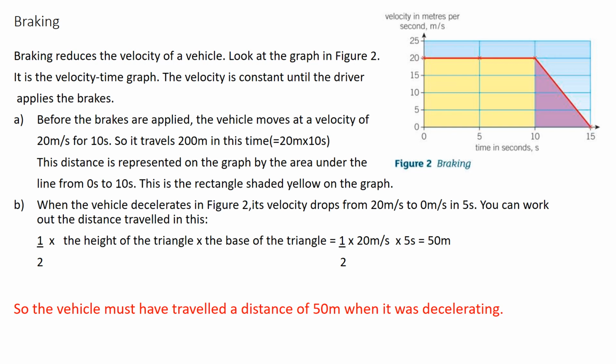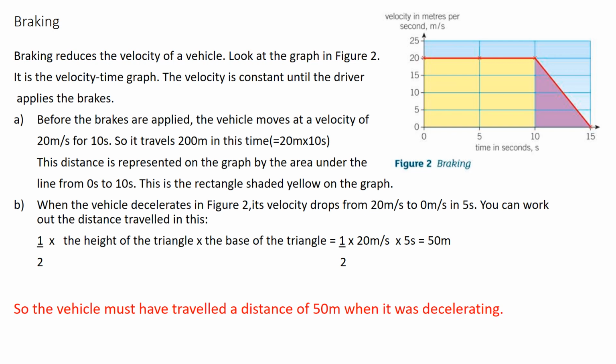So velocity is constant, and therefore what we need to work out is that it travels 200 metres, because we've travelled 20 metres per second for 10 seconds. Okay, this is the area for the rectangle under the graph.